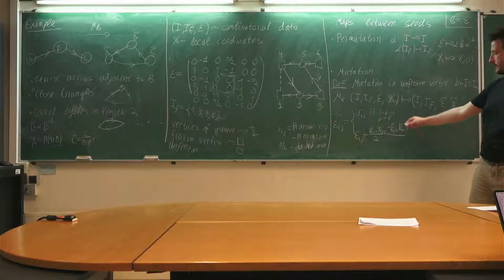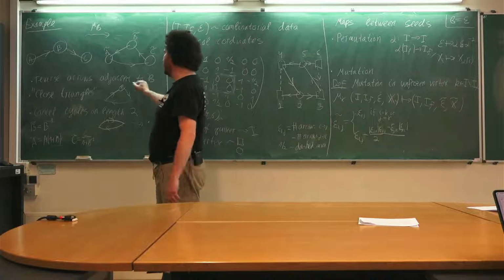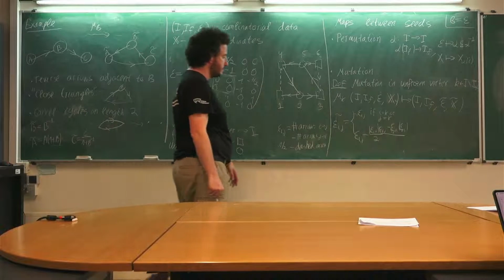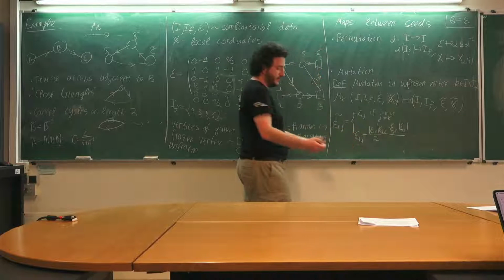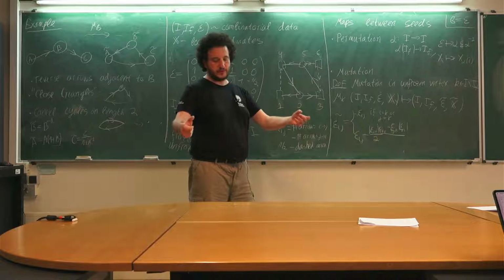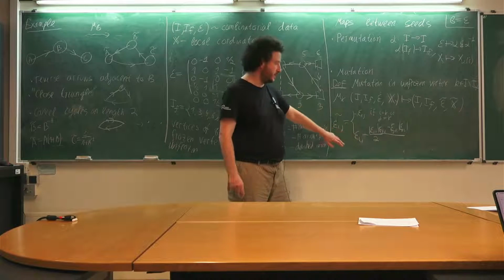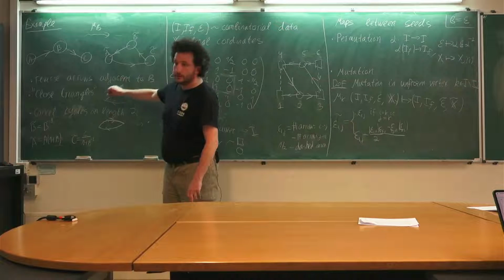So what's written here? The first row is the first rule. We reverse all arrows adjacent to the vertex in which we do mutation. And the second row means that if we have two vertices which are different from the vertex k where we do mutation, we keep all arrows which we had, but then sometimes we should add arrows if we have such a triangle.